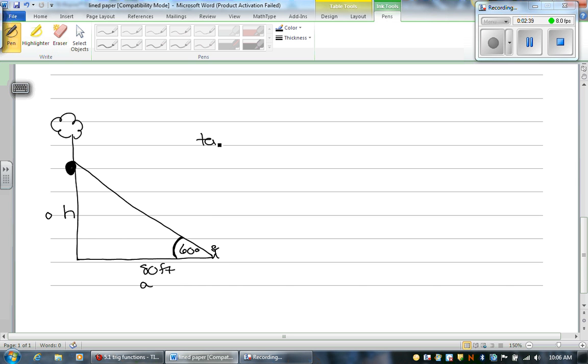The first one that comes to my mind, of course, is tangent. Tangent we know is opposite over adjacent. So tangent of my angle, which is 60, equals opposite, which for us is h, over adjacent, which is 80.